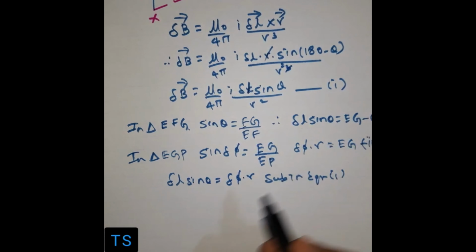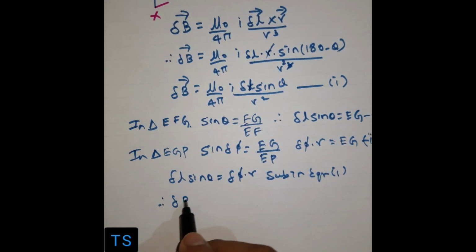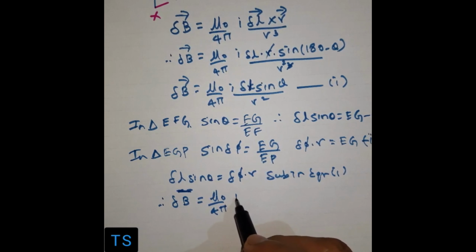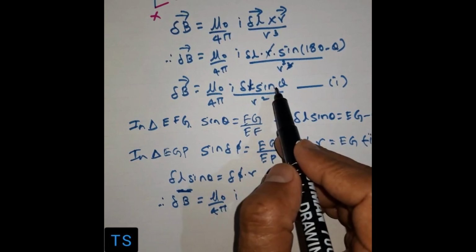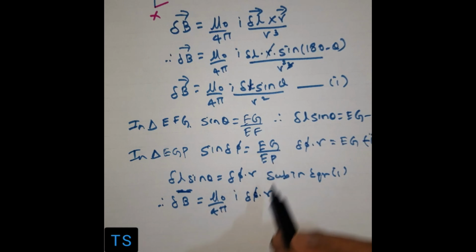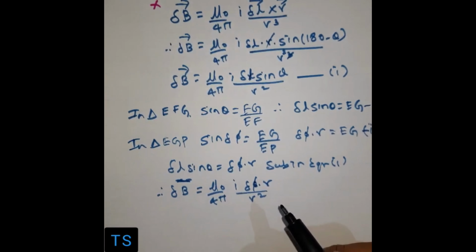Now if I substitute this value in equation 1, I get delta B, only magnitude, equals mu naught upon 4 pi I delta L sine theta, which is delta L into r upon r square.